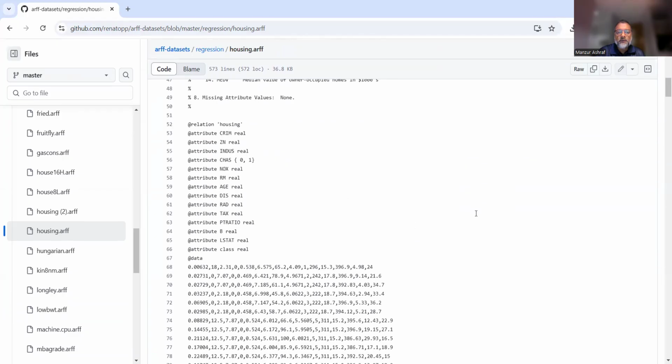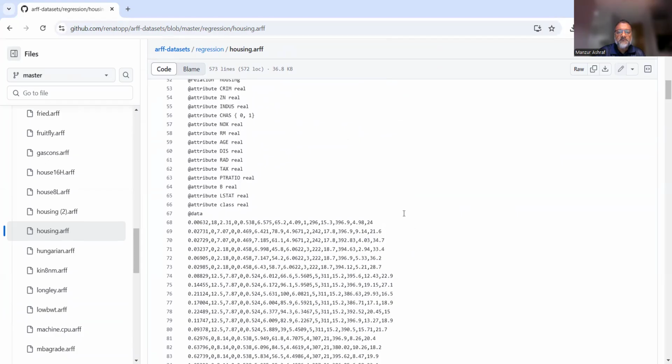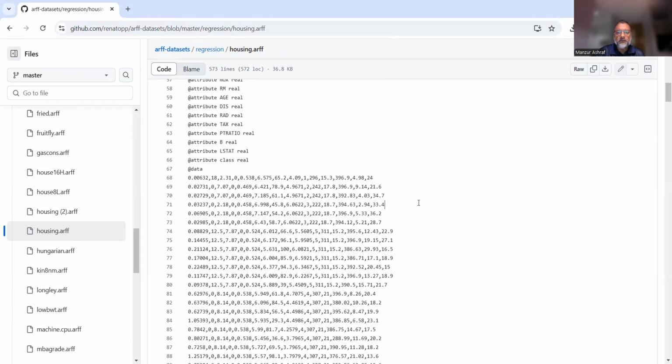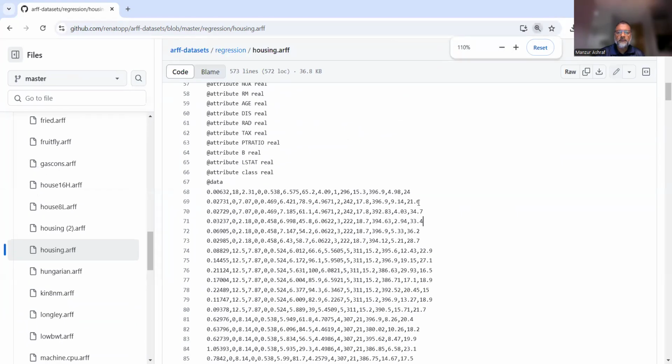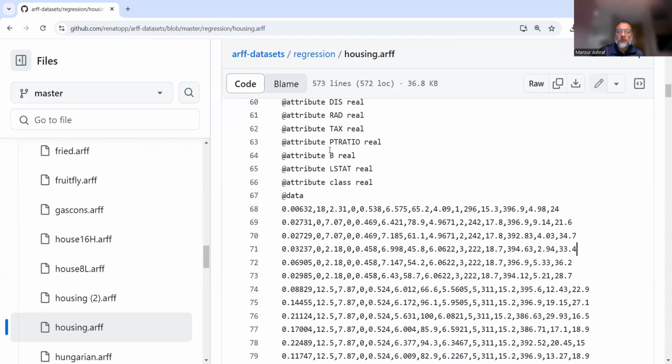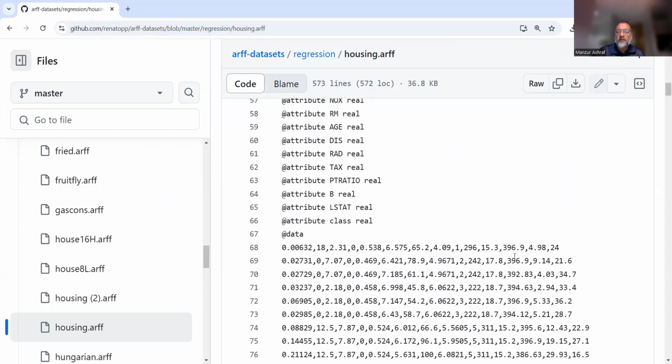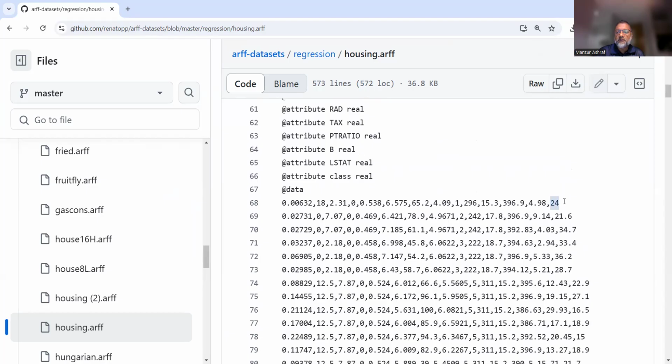And if we want to look at the data, we can see that in this particular column, make it bigger, based on all these attributes of CRIM, ZN, INDUS, or whatever, the final result is the price of the house, right? So based on different attributes of the houses, what is the price of the house?